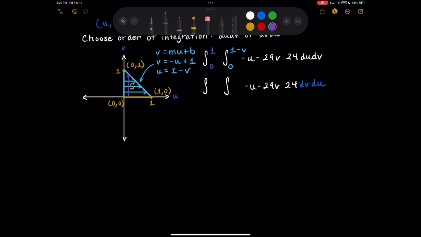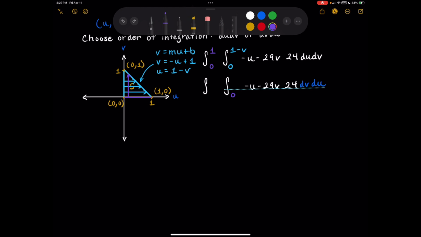So our v is going to start always at 0. But now our v is going to range to this line right here. So we can represent that by the equation right here, the same equation we used before for u, but now we're going to solve it for v.